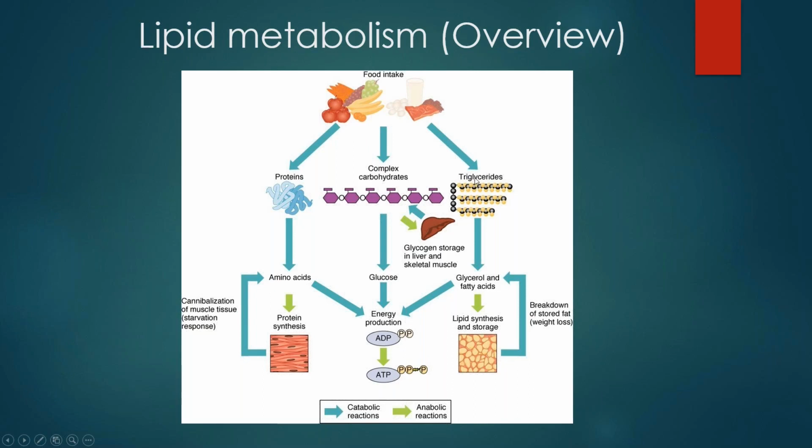The breakdown of fat from the food into much simpler forms like fatty acids are all catabolic reactions of lipids, which ultimately increase the production of energy. But at the same time, lipids are also synthesized as a storage depot, and this process shown by the green arrow is an anabolic reaction. So it's the interplay of anabolism and catabolism which is required for lipid metabolism.